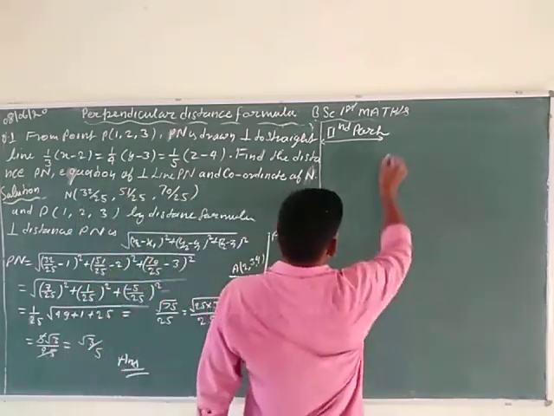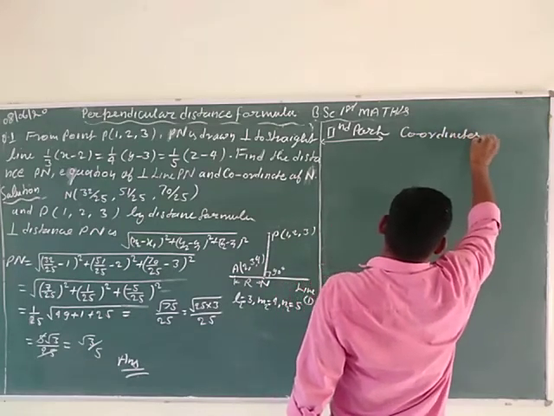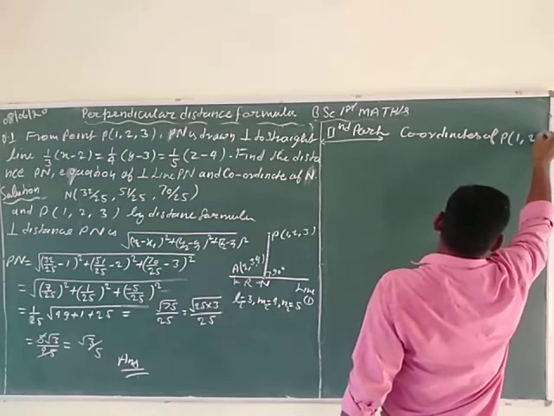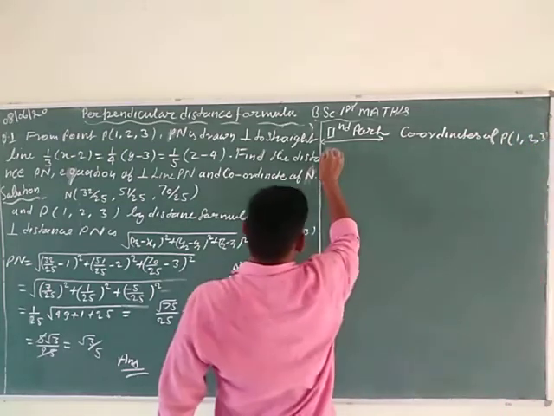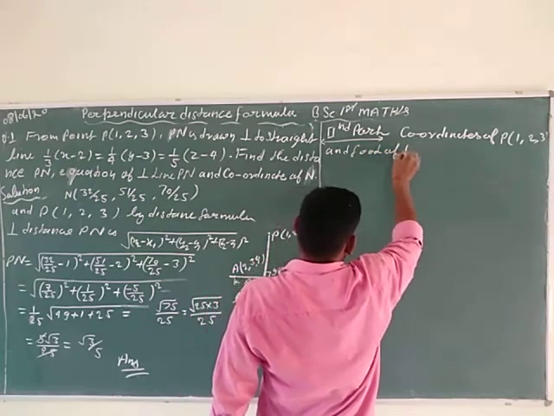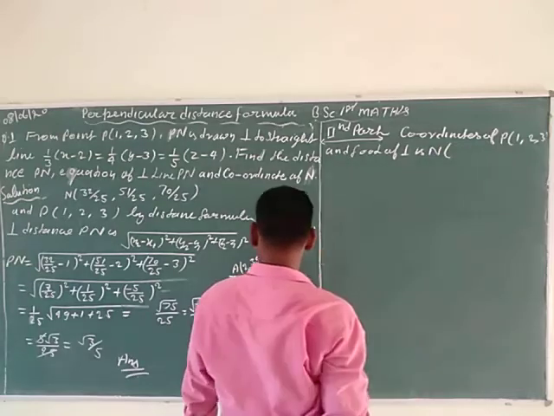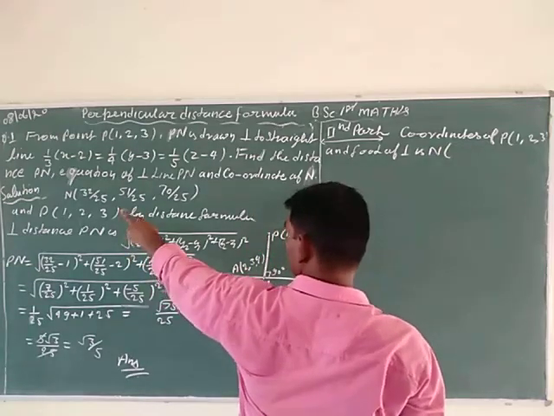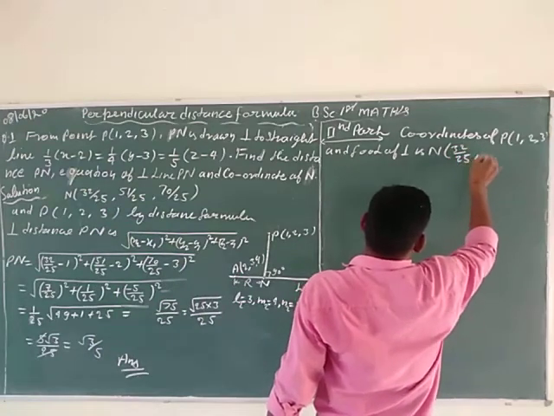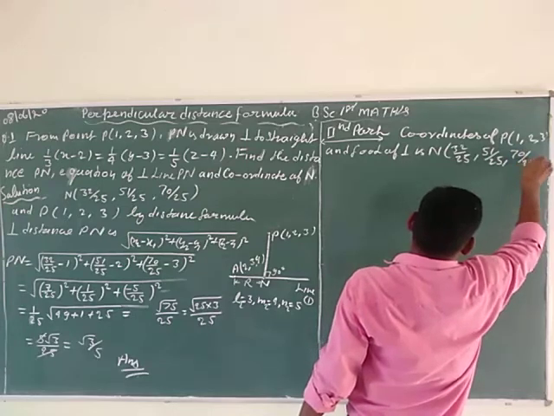So here the coordinates of point P are (1, 2, 3) and the foot of the perpendicular is N, whose coordinates are 32/25, 51/25 and 70/25.